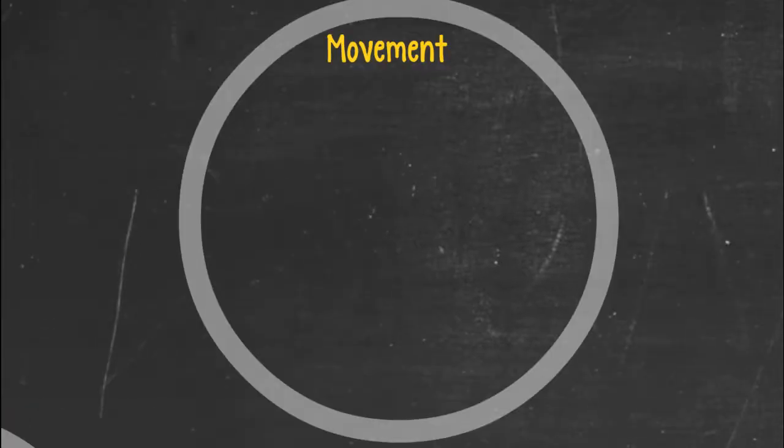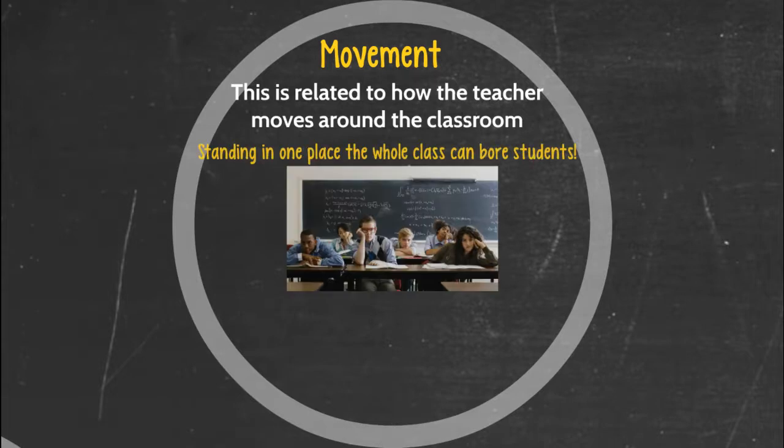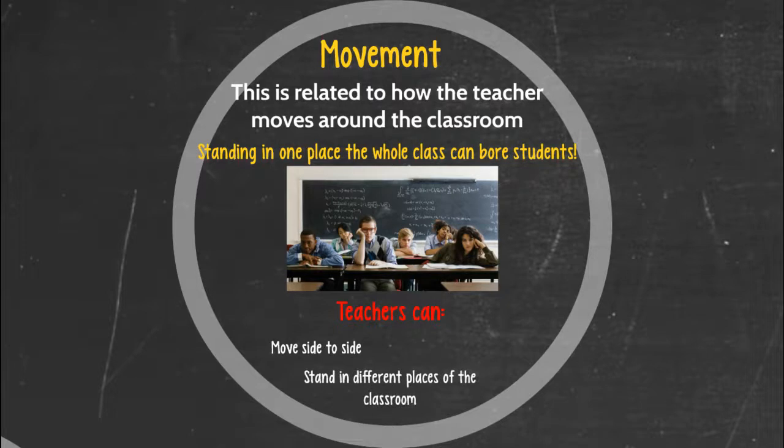Our next subtopic is called movement. This is related to how the teacher moves around the classroom. Standing in one place the whole class can bore students. So it's good for teachers to move side to side, stand in different places of the classroom, or move up or down.